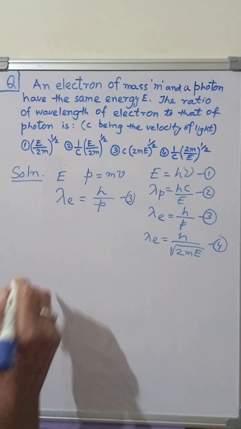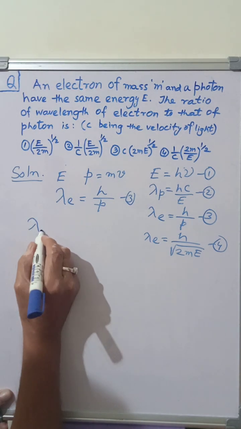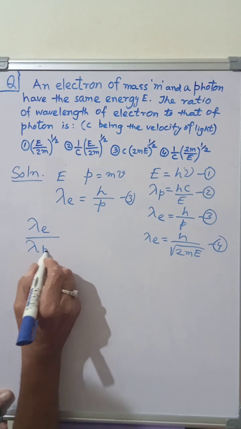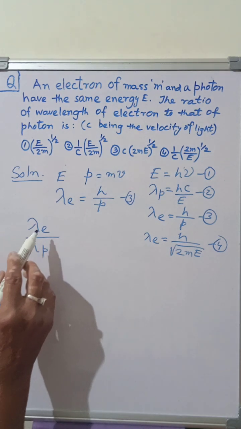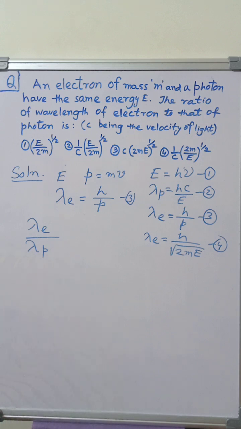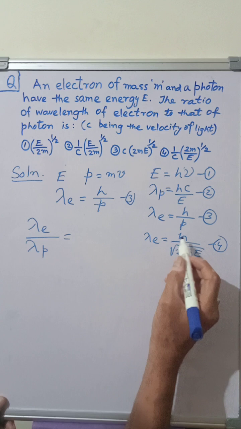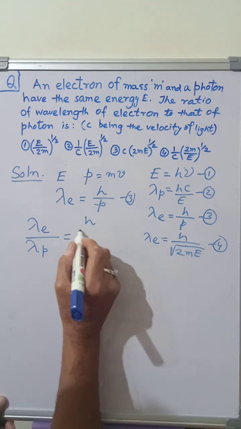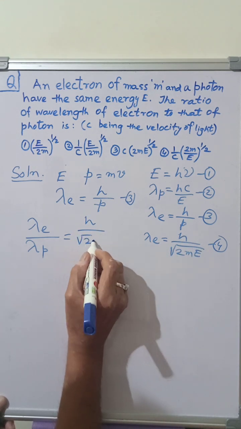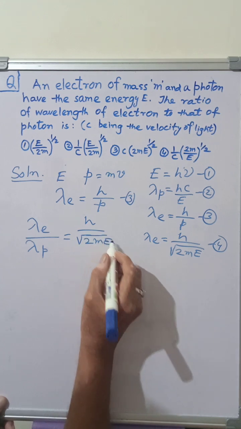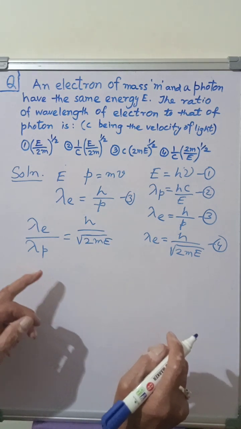Now for the required ratio, lambda E divided by lambda p, wavelength associated with the electron and that of the photon, is equal to, we'll put the values, lambda E is equal to h by root over 2mE and divided by lambda p.